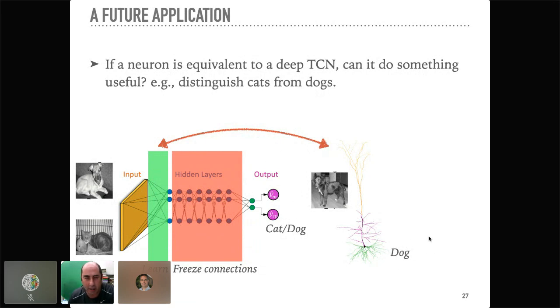We thought this would be pretty straightforward, but it's not that easy. We're still working on it, but we hope we'll manage to get it working, and then we'll have an example of a non-trivial task performed only by a single neuron, using its dendritic nonlinearities.